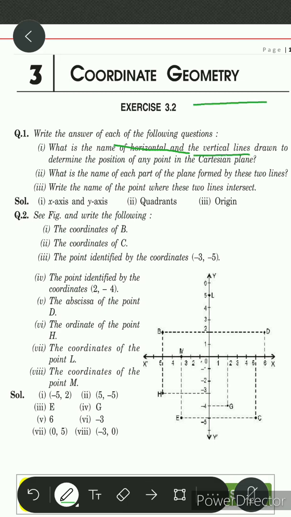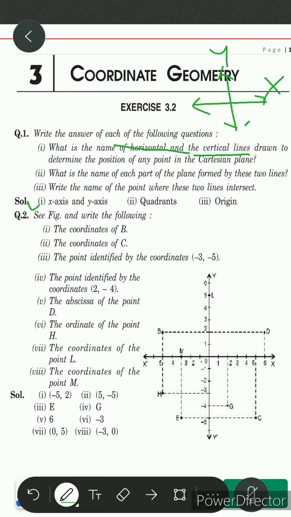As I explained you just before, the horizontal line is known as x-axis, while the vertical line is known as y-axis.